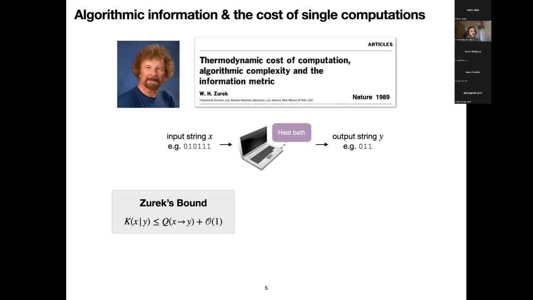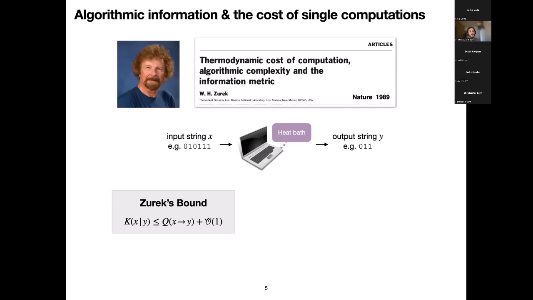The other thing is, so here, this is the conditional Kolmogorov complexity, this is the heat, this is an additive constant, and this additive constant can depend on the choice of the universal computer used to define the Kolmogorov complexity, but it can also depend, and this was not really appreciated at the time or for a while, on the choice of physical process used to run the computation, meaning for a given x, y, we can design a very special process that makes this bound kind of trivial.